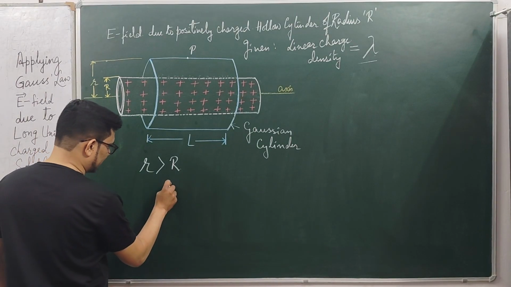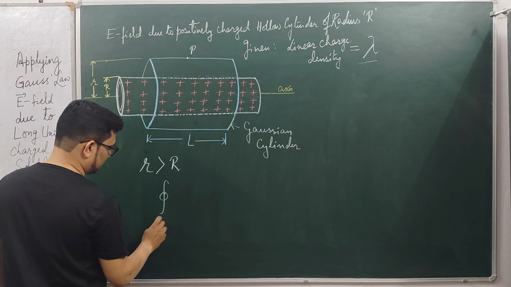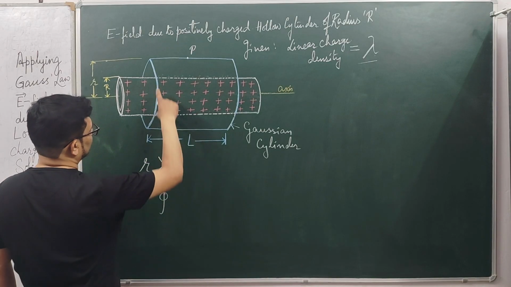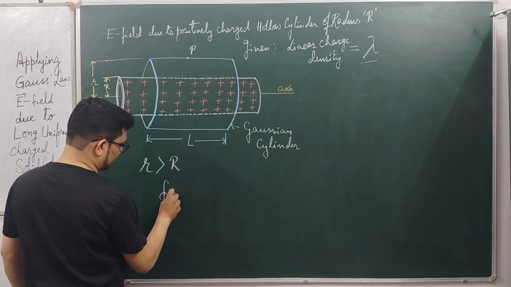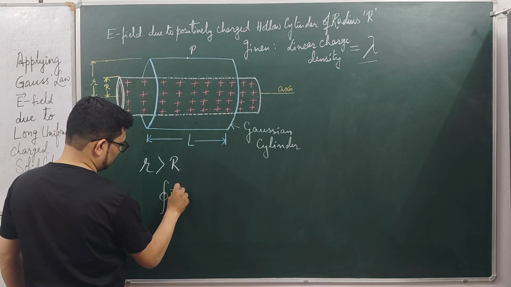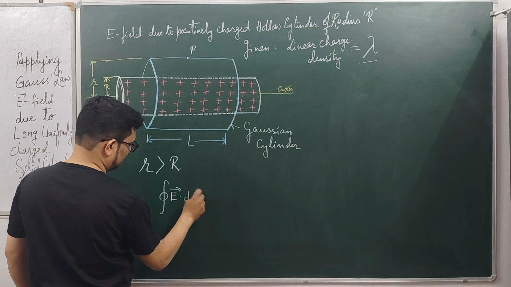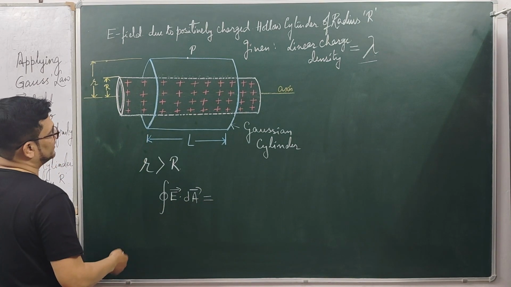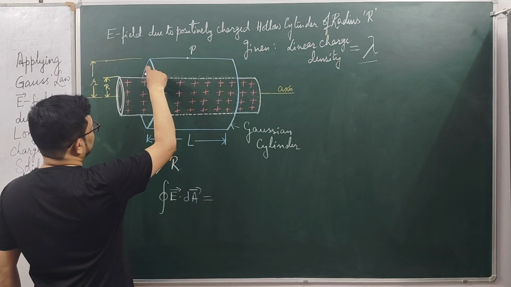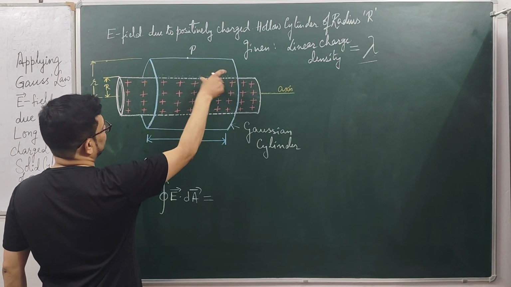If you want to write, you can write this entire closed surface. If you want to find the net electric flux in this closed surface, this is going to be E dot dA.